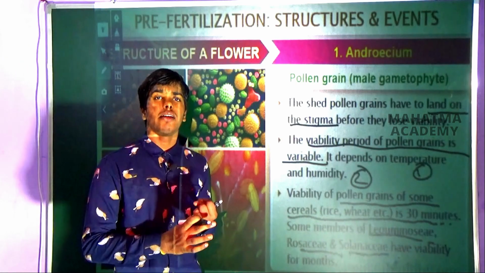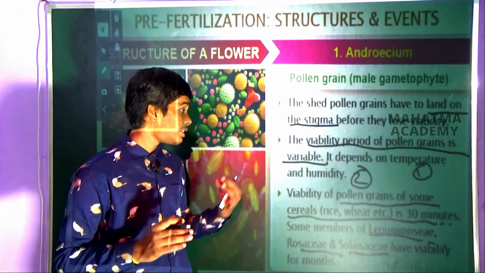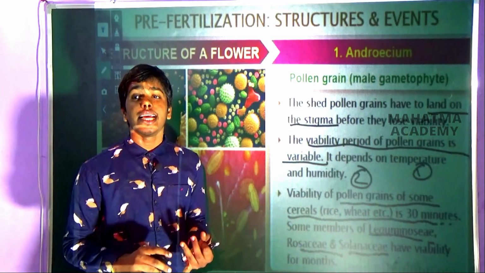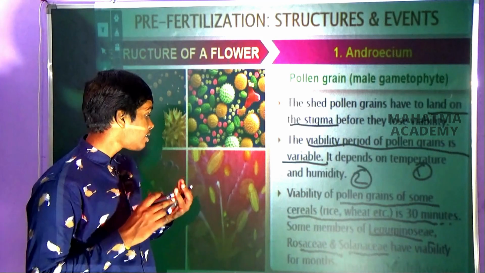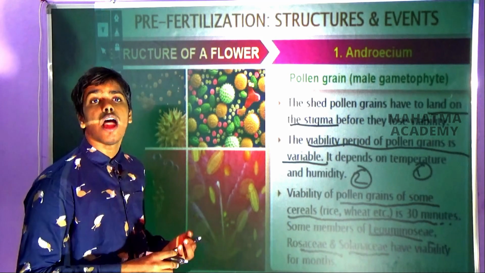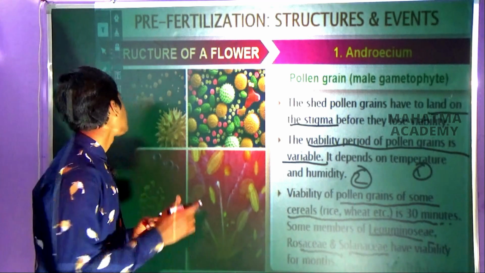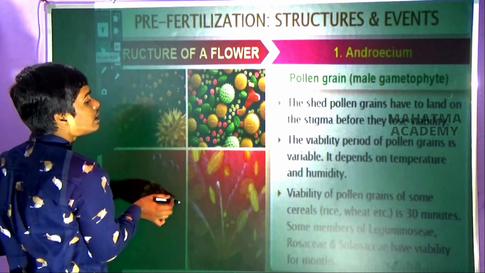So cereal pollen grain viability is about 30 minutes, while Solanaceae, Rosaceae and Leguminosae have viability for months.